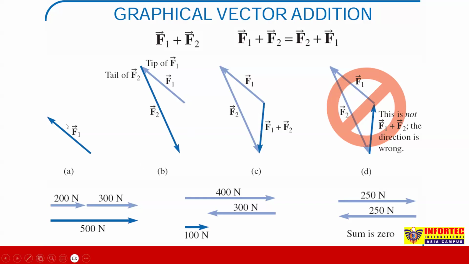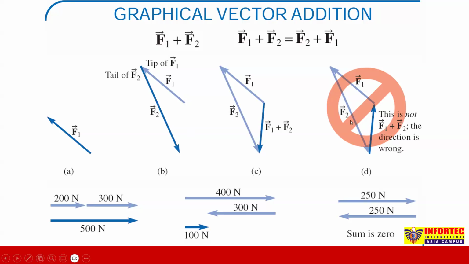And also you can see F1 plus F2, which we follow here. We need to follow the head to tail method. First we draw F1, and from the head, the tip of F1, we start from the tail of F2. At the tail of F2 we draw the F2 vector, right? Then F1 plus F2 is represented by this blue arrow, right?